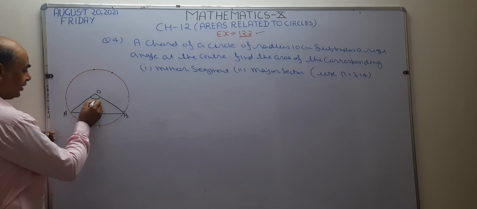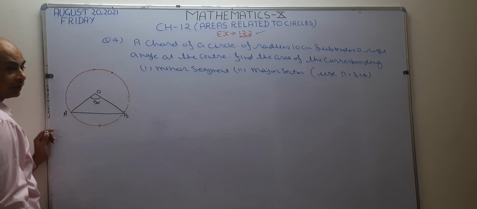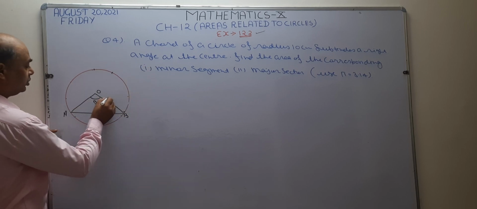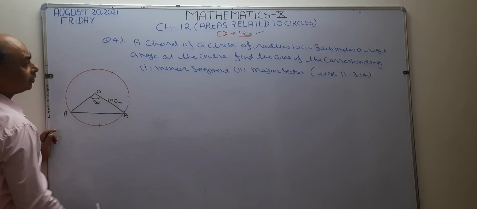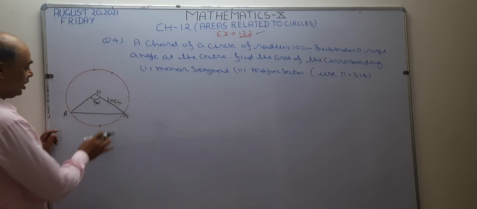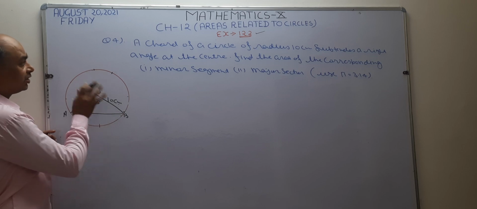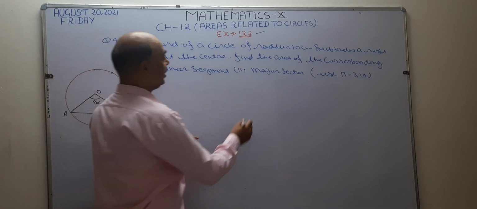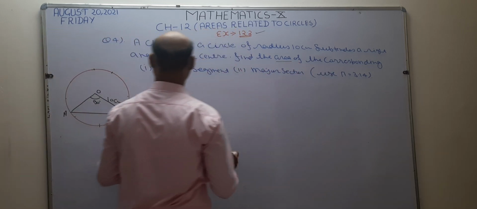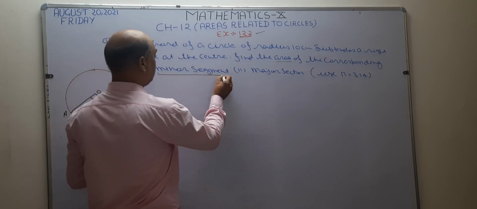Right angle means 90 degree, and the radius of this circle is given as 10 centimeter. Find the area of the corresponding minor segment.